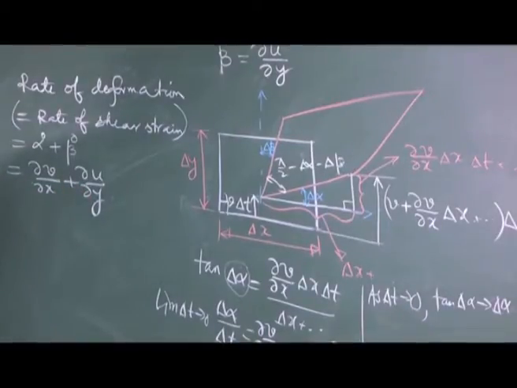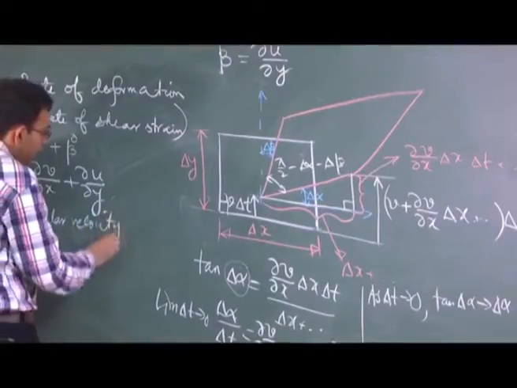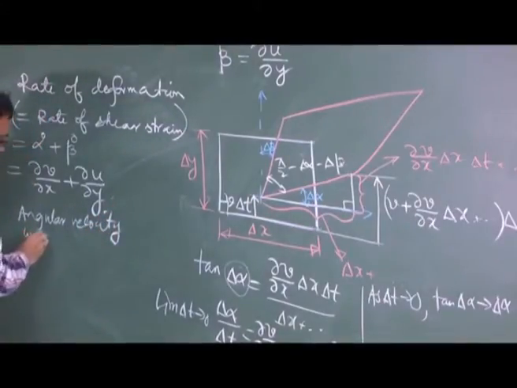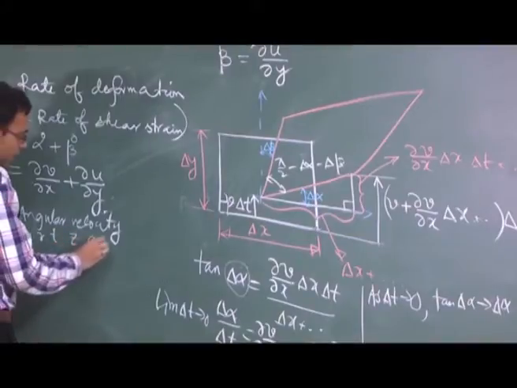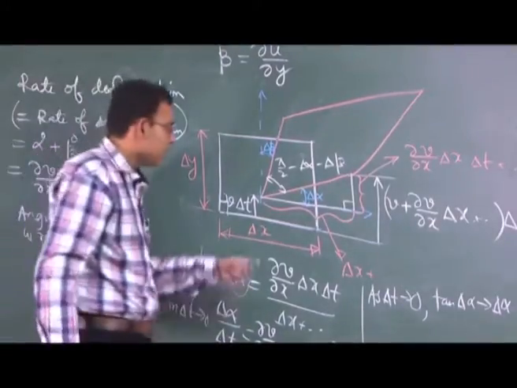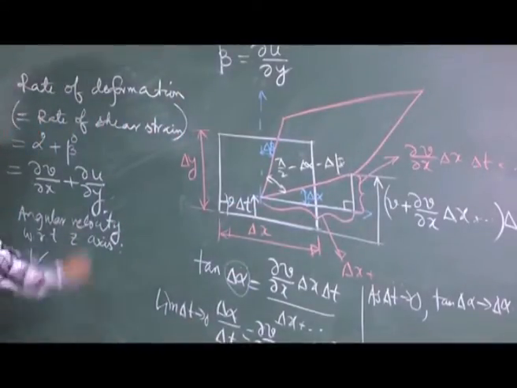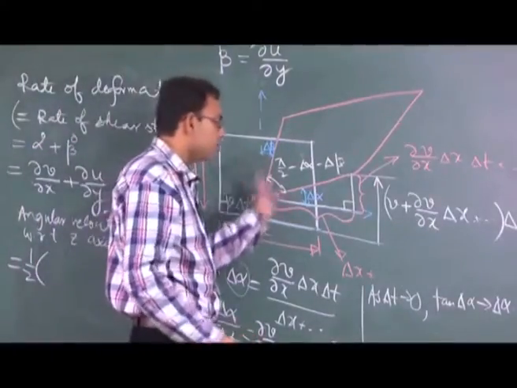The next definition is angular velocity. In the xy plane, the angular velocity component is with respect to the z axis. What is that? The angular velocity with respect to the z axis is essentially the average of the angular velocity of the two line elements that were perpendicular to each other.